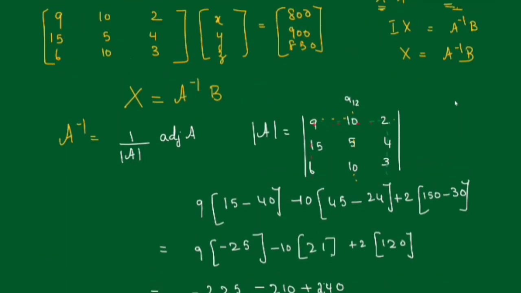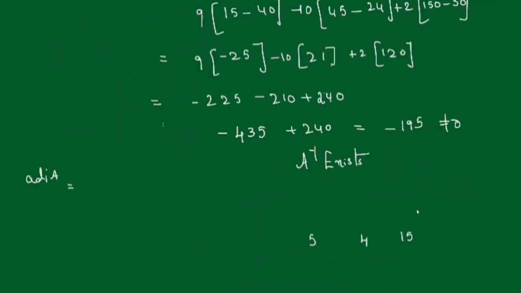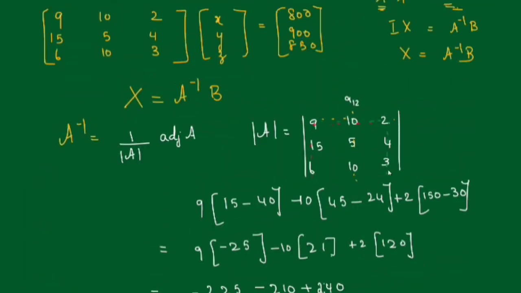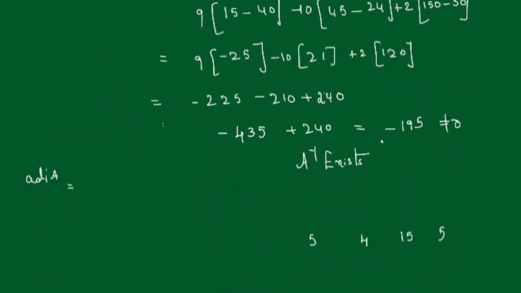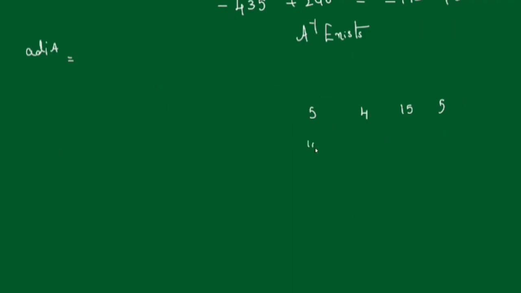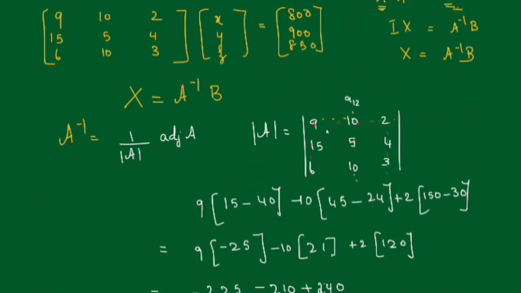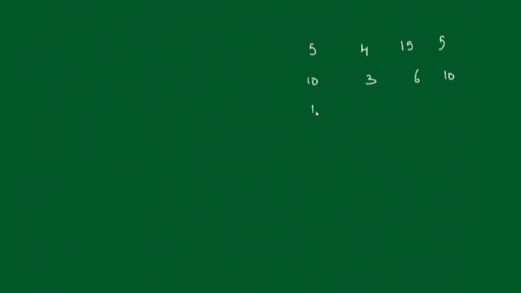Then go to the third row, middle element: 10, 3, 6, 10. Then go to the first row, middle element: 10, 2, 9, 10. Now repeat the first row: 5, 4, 15, 5.